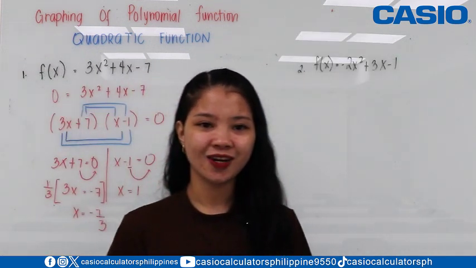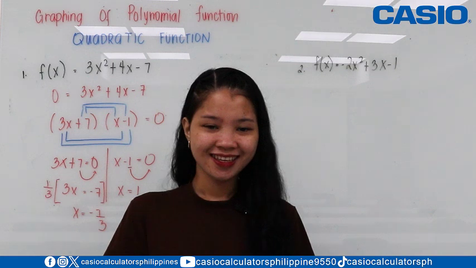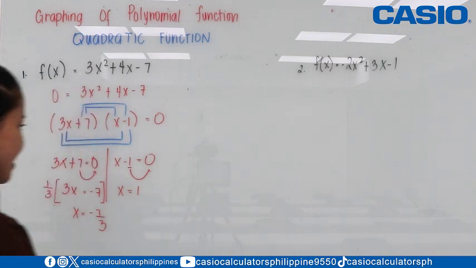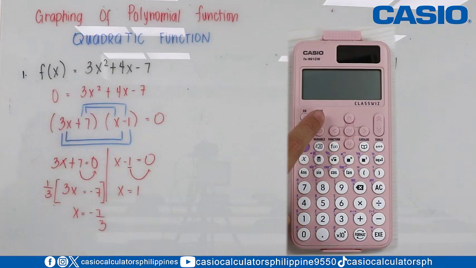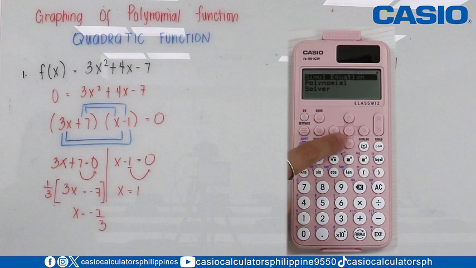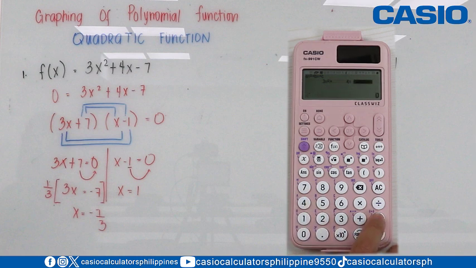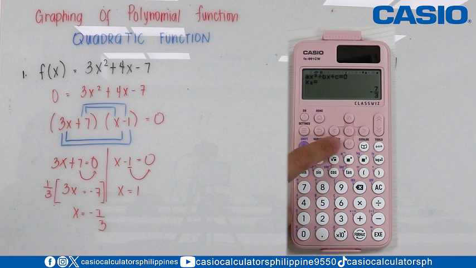So now let's check the graphing of the polynomial function using the fx-991CW. Now, let's start and graph the equation that we have. For the first equation, we have f of x is equal to 3x squared plus 4x minus 7. So we have the values 1 and negative 7/3.